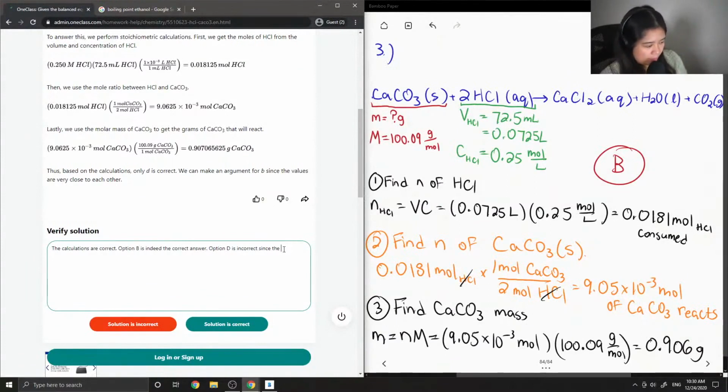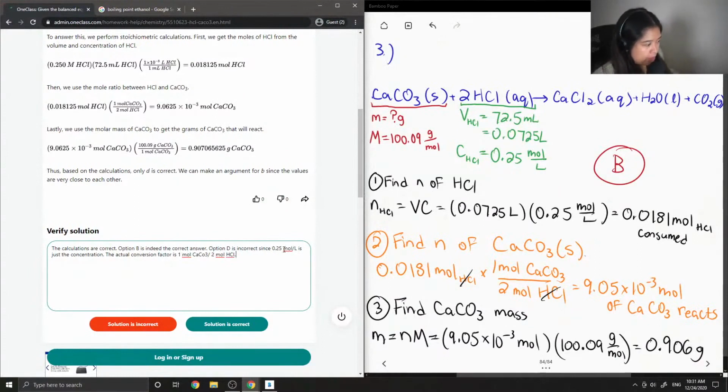The actual conversion factor is 1 mole calcium carbonate over 2 moles of HCl.